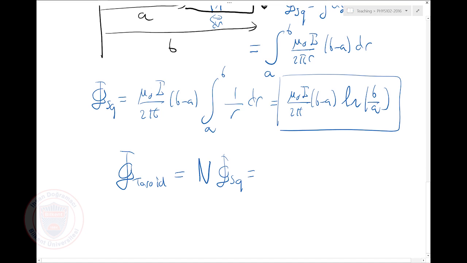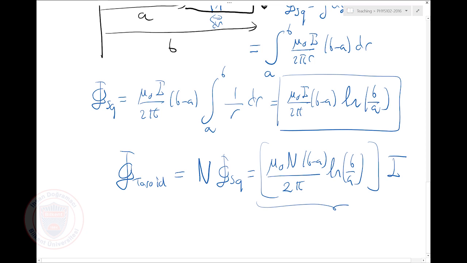Let me write it in another way. Mu 0 n (b minus a) over 2 pi times ln b over a times I, and this is what I'm looking for. This is my mutual inductance. All right? Any questions? Any comments?